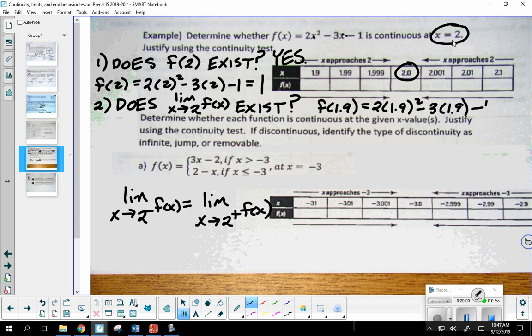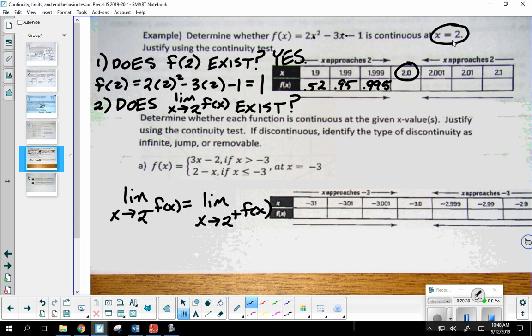Yes. That would give you 0.52. Okay. And now you would plug in the other x values from your table one at a time, just like I did. So if I plugged in 1.99, it's going to give me 0.95. If I plug in 1.999, it's going to give me 0.995.